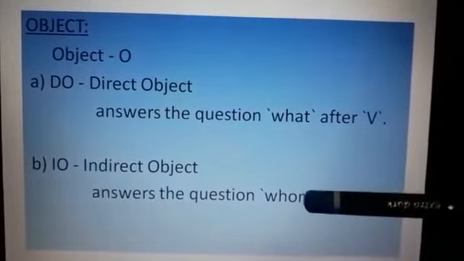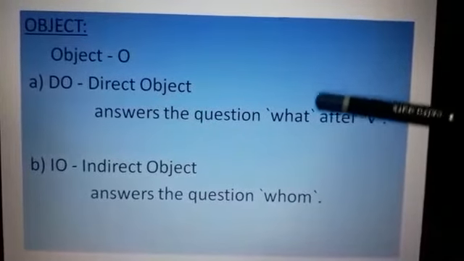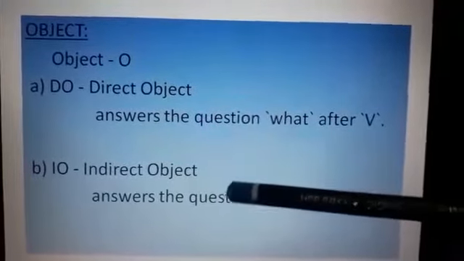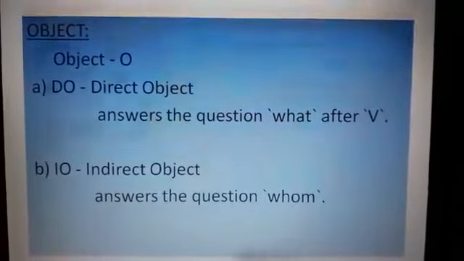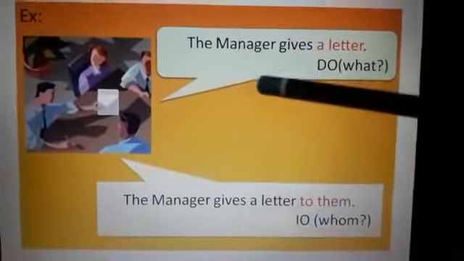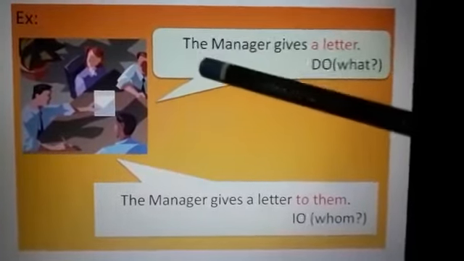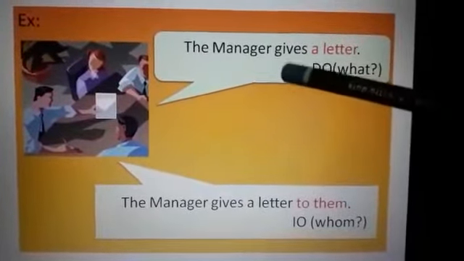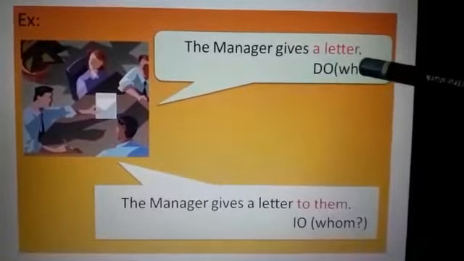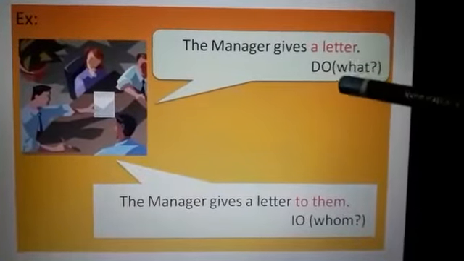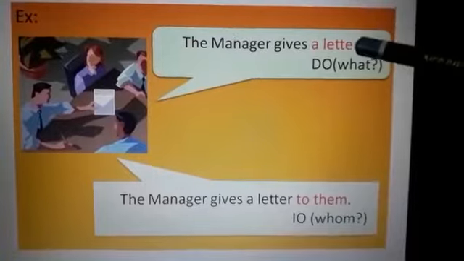If you ask the whom question and you get the answer, it becomes an indirect object. Example, the manager gives a letter. Here the manager is the subject, gives is a verb. What does he give? He gives a letter. So this is a direct object.